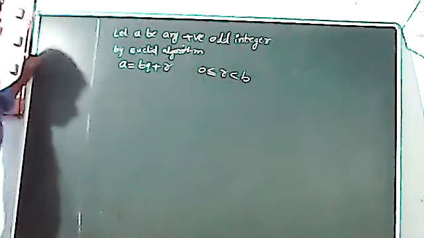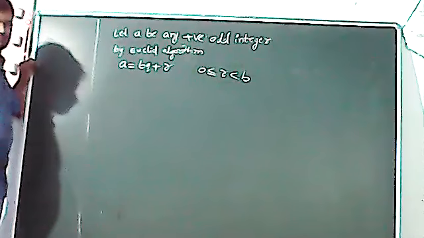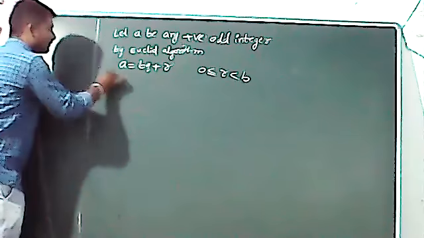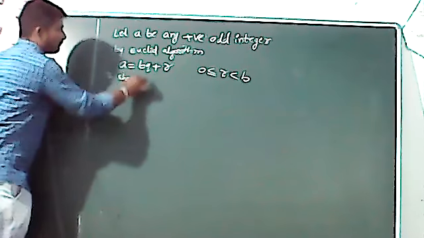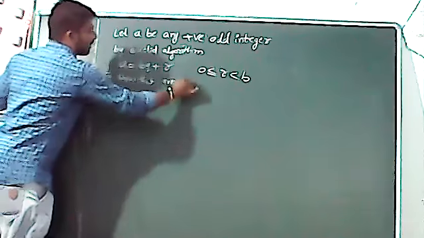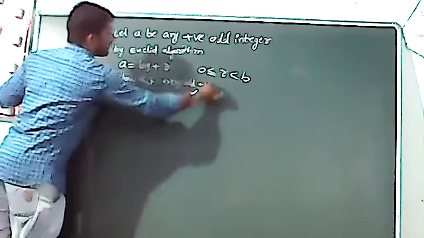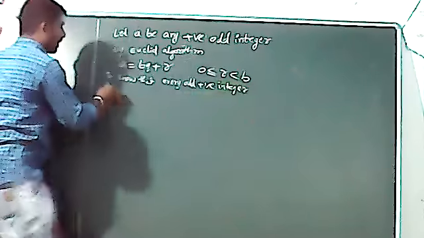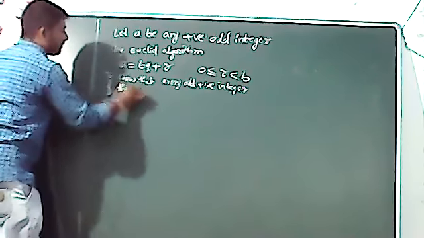Is the board visible? Now, what is the given condition? We need to show that every odd positive integer is of the form, which form?